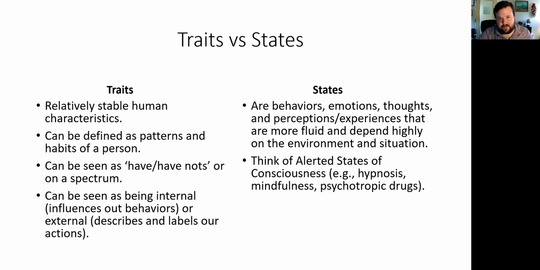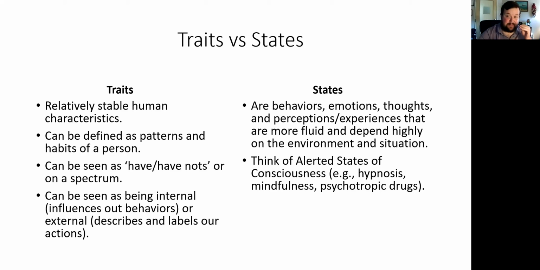Now, here's states. So, again, traits are rather stable, they're going to be a pattern, and ideally, traits are going to exist no matter what the environment is. States, on the other hand, are behaviors, emotions, thoughts, perceptions, experiences that are more fluid and depend highly on the environment and situation.